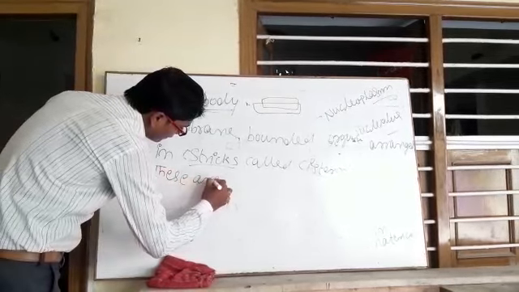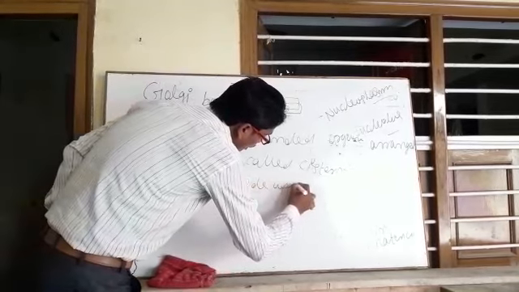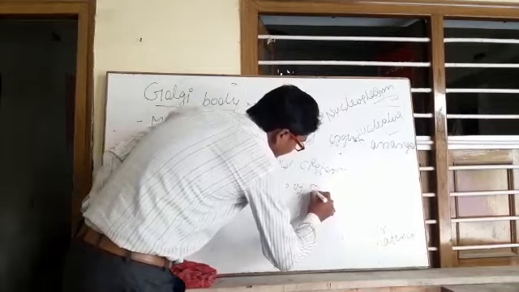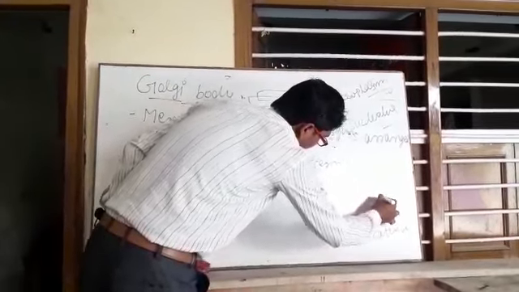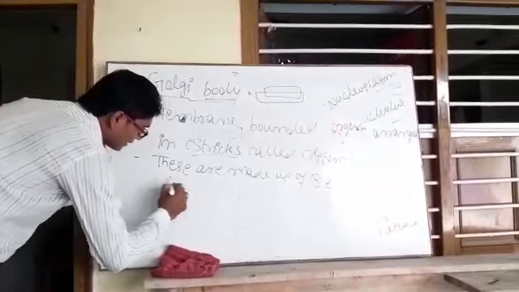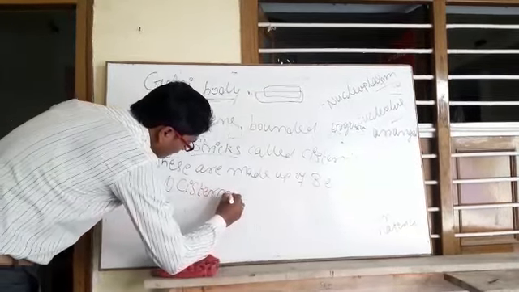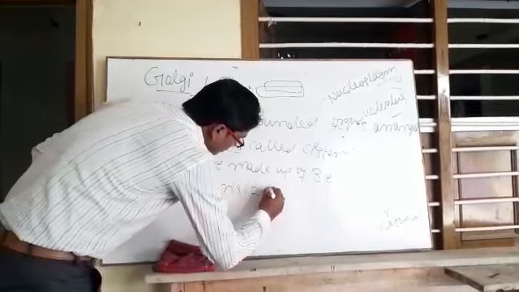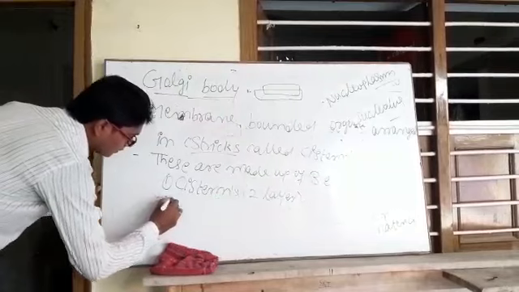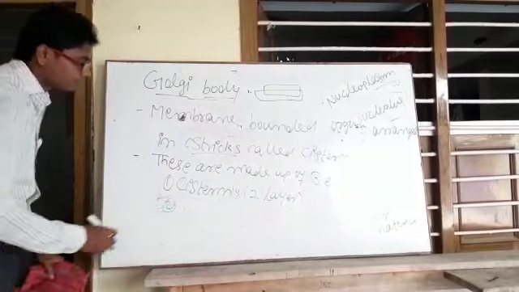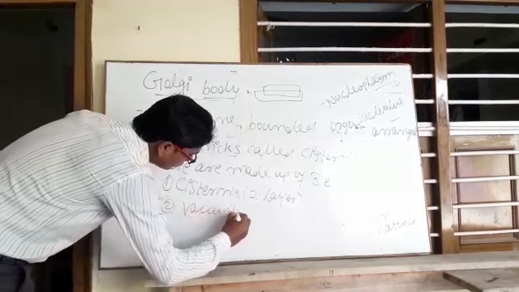These are made up of 3 elements. First, cisternae, 2 layers. Second, vacuole.